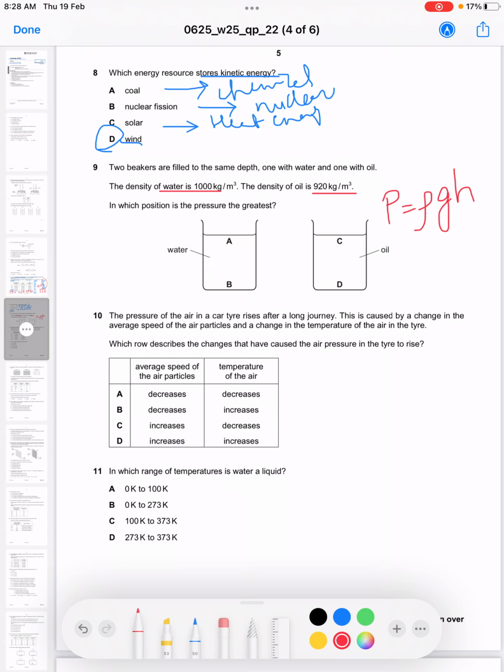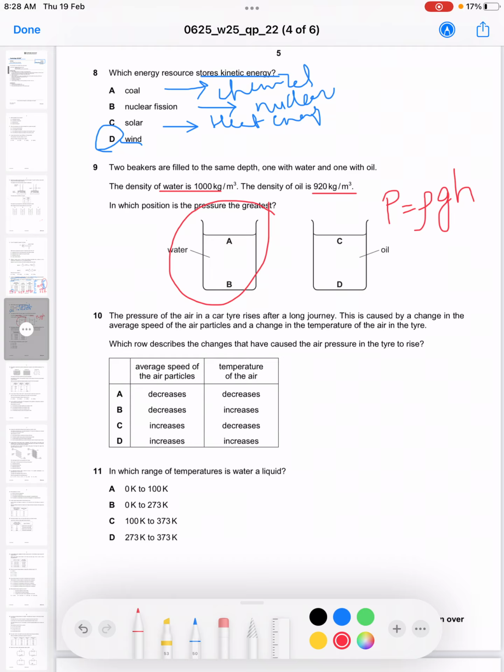So it means the pressure for water is high, right? So we have two options for the water one, A and B. Now because of the density, it is clear that C and D do not exert a greater pressure, right? Now decide from A and B.